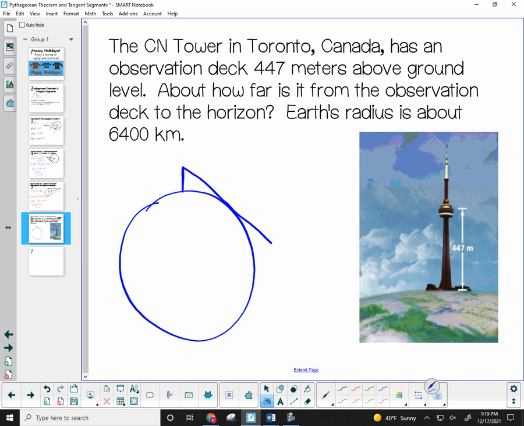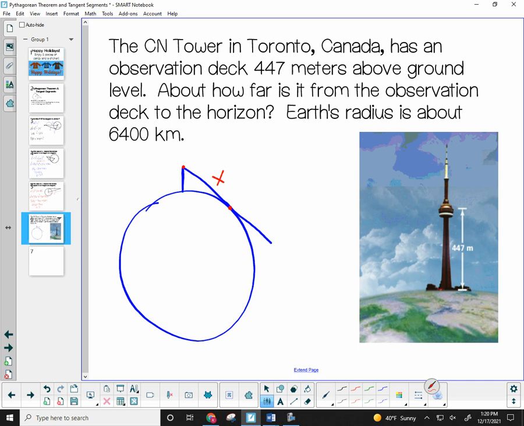But what's happening is the Earth is curving, and by the time you can see, and then it disappears, it's because the Earth is curving around. Your vision doesn't go curved like that. All right, so what we want to know is this distance from here to here. That's what we are interested in.